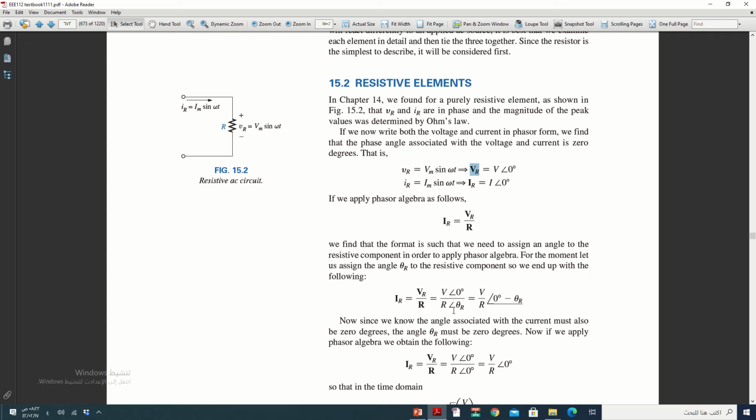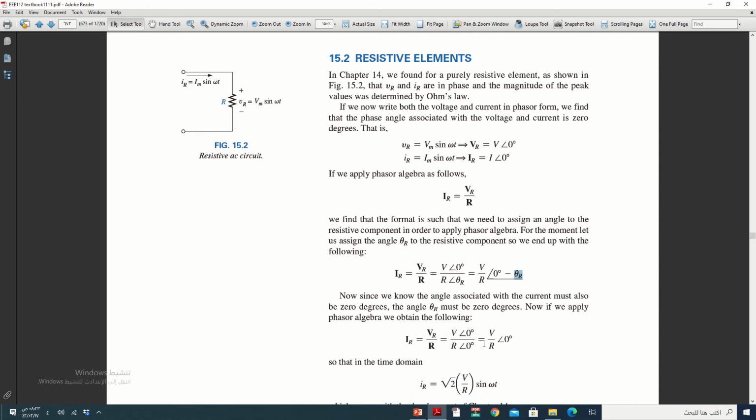When we divide in polar form or phasor form, we divide the constants together, V divided by R, and the angles will be subtracted. If we apply multiplication, we will add the angles. But because this is division, we will subtract: 0 minus theta R. And we know that theta R, because it's a resistor, is always 0.